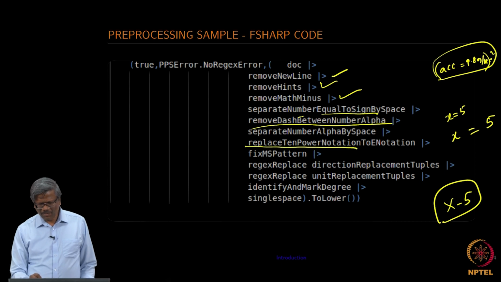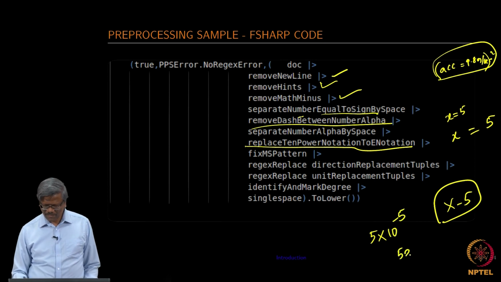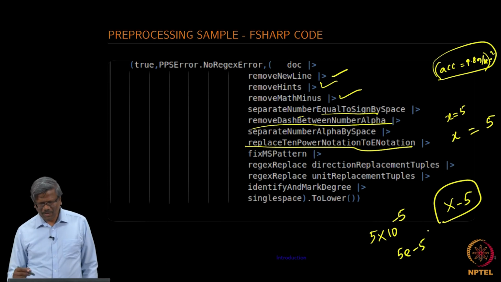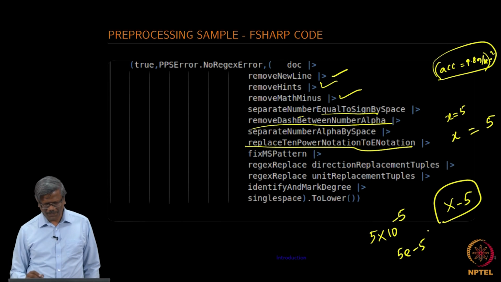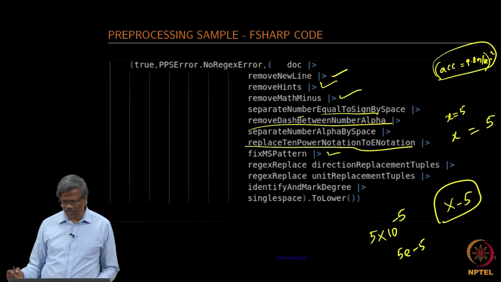Replace 10 power notation to e notation. For example, if somebody gives phi into 10 power minus phi, it replaces those into this form. So, that is the normalization that we do and replacement that we do, and then fixes certain patterns in terms of the units and so on.